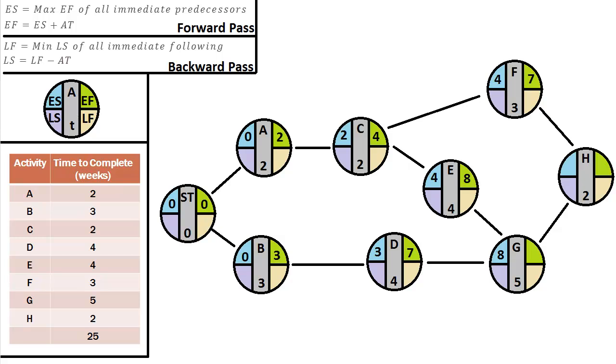Okay, so let's go ahead and do our earliest finish for G. And remember, that's just the earliest start plus the activity time, which is 8 plus 5, and that is 13.